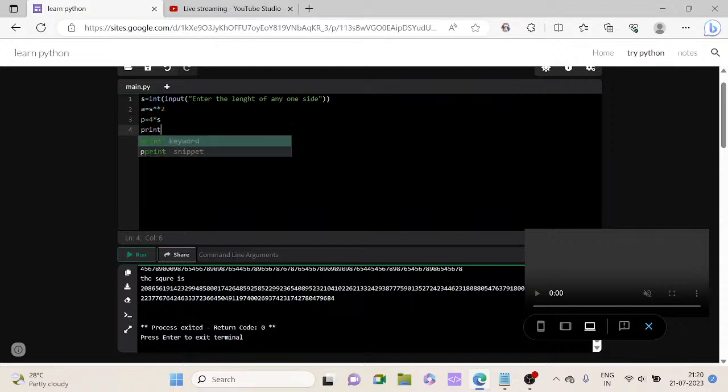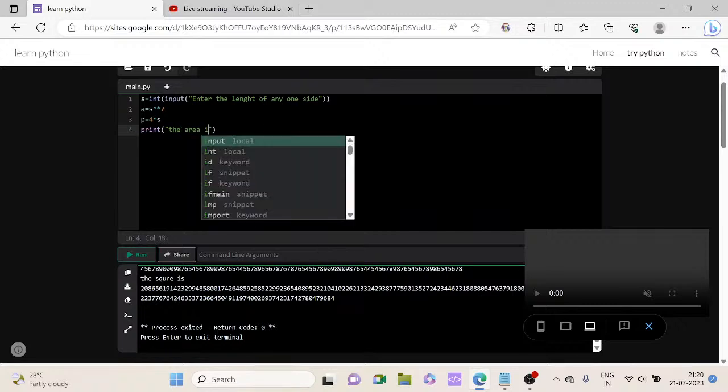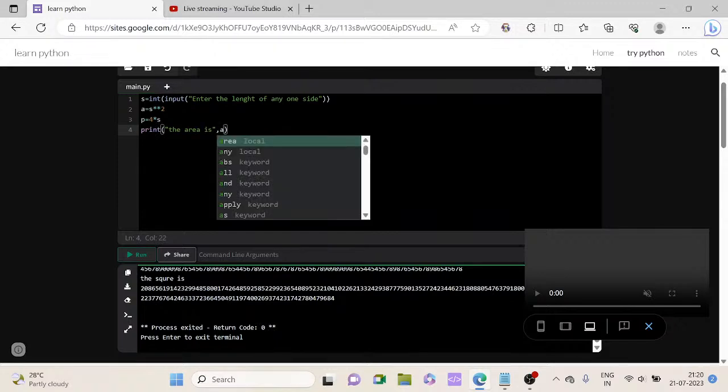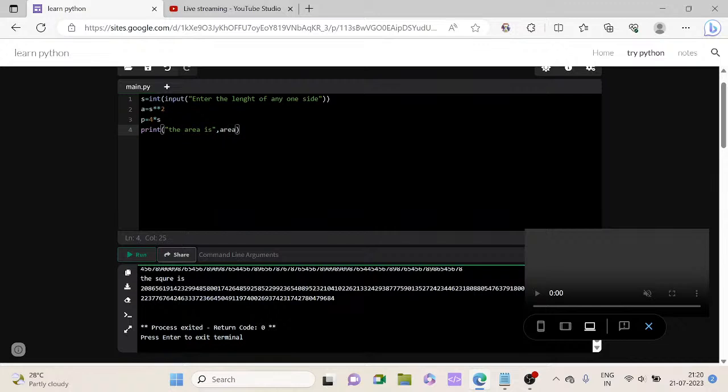Print bracket, inside the inverted quotes, the area is, and after that a comma, then A. We did not need to type area.